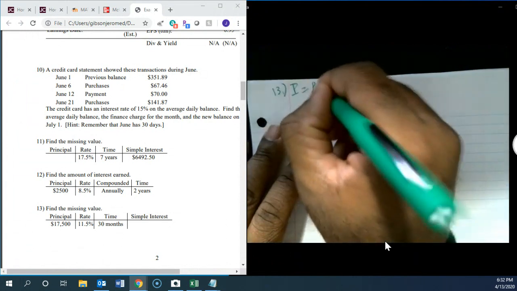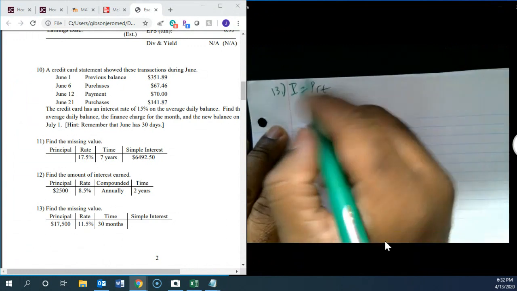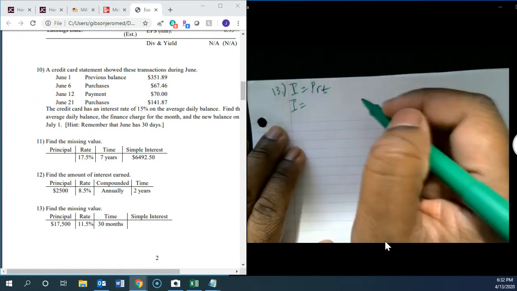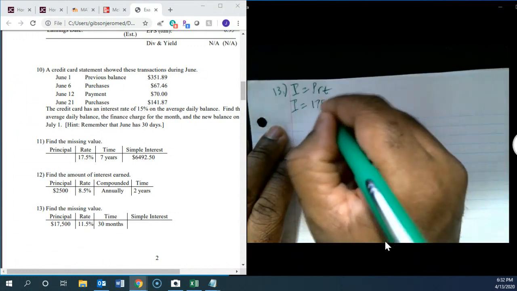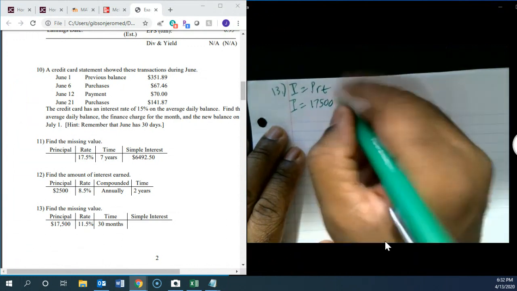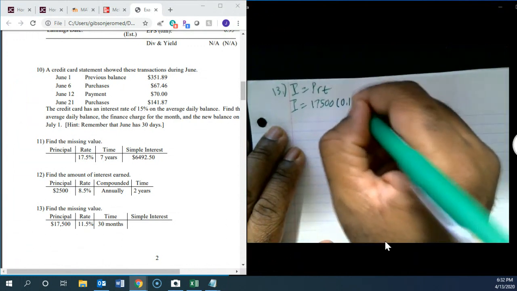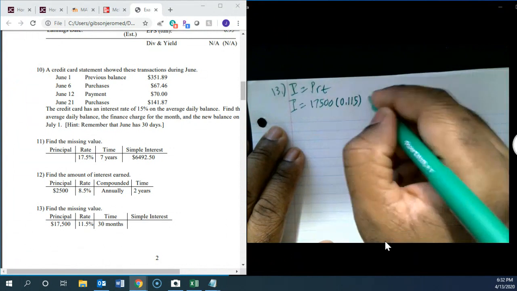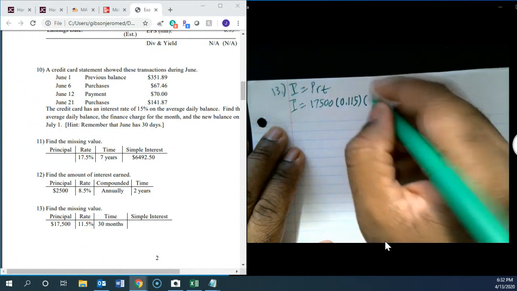So it says here, find the missing value. So a simple interest. We know interest is principal times rate times time. So we have our principal, which is $17,500. We have our rate, which is 0.115, and we have our time. It has 30 months, but we want to do it in years.